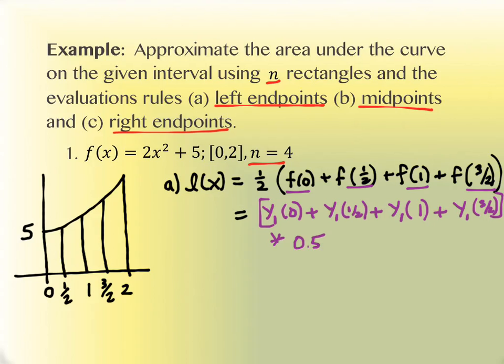Now, do you guys remember how to get to y1? Hit vars, y vars, function, and then you see y1 right there. Did everybody find it? That's how you get to y1. Then you do parentheses, exactly.